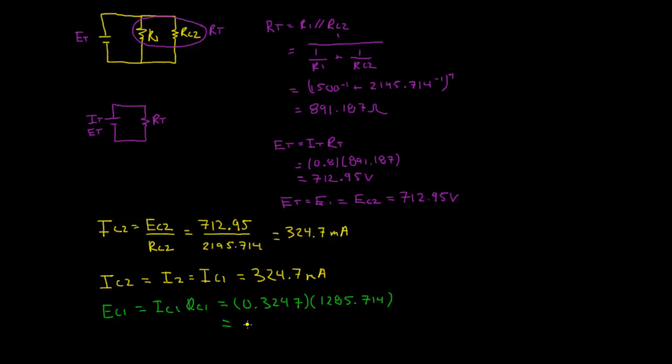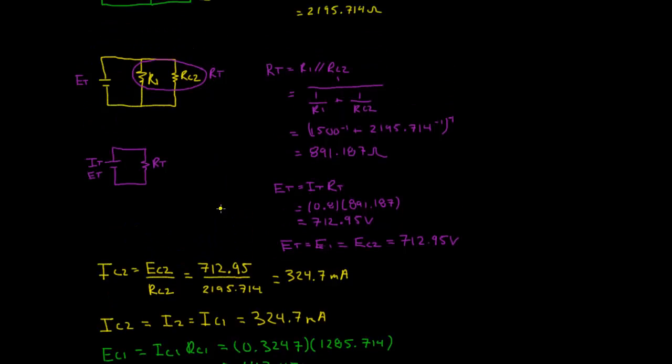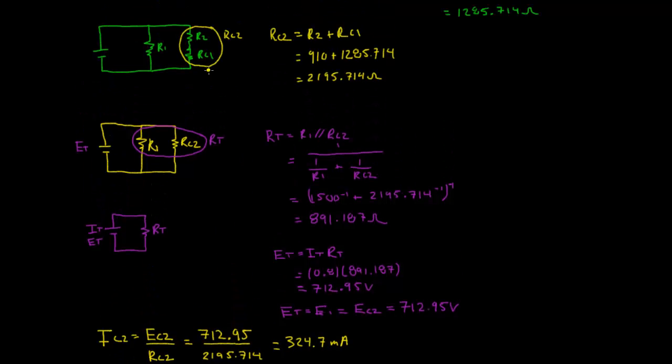Solving for this voltage, we get a value of EC1 as being 417.47 volts.